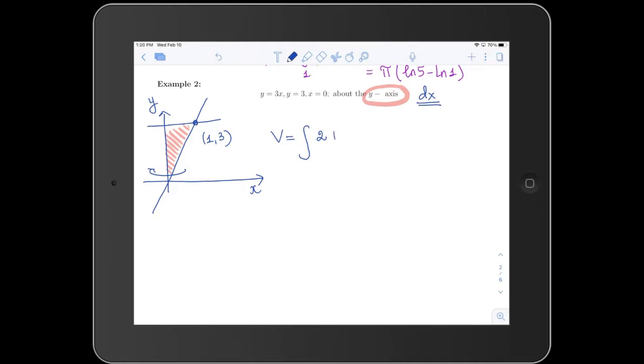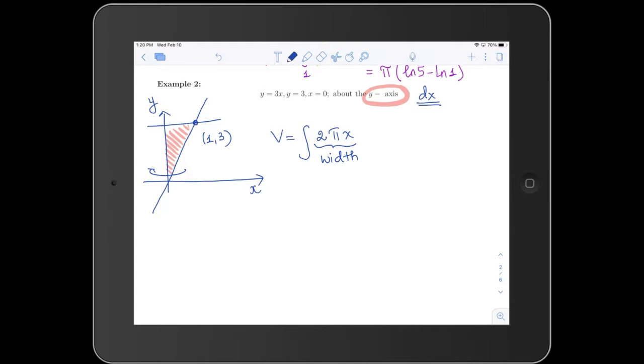What is my volume? One step at a time. 2 pi x. This is the circumference of the shell, and of course it's going to be different depending on what my x is. What about the height? It's f minus g, whatever those two functions are.